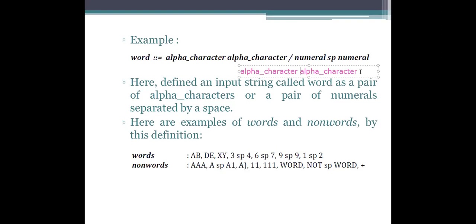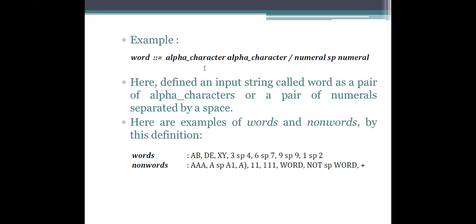And the remaining, if you see this one, there are two numerals. Yes, it is correct. But these two numerals have a space in between them, as specified. So what are the correct input values here?